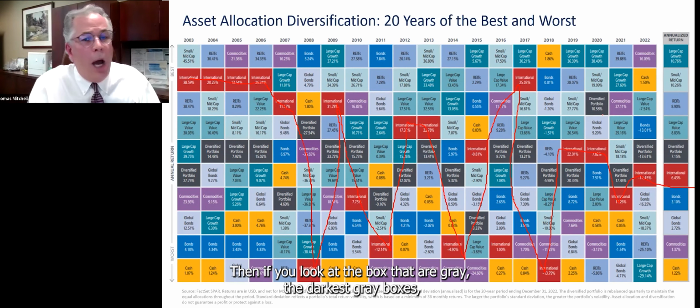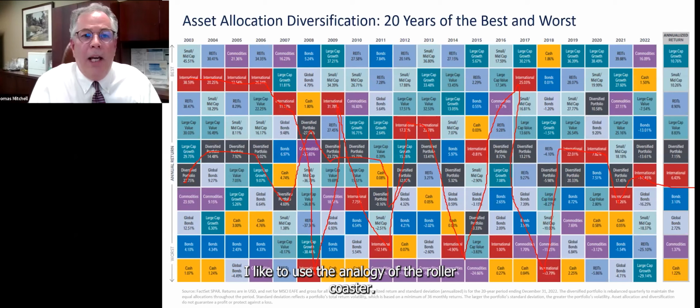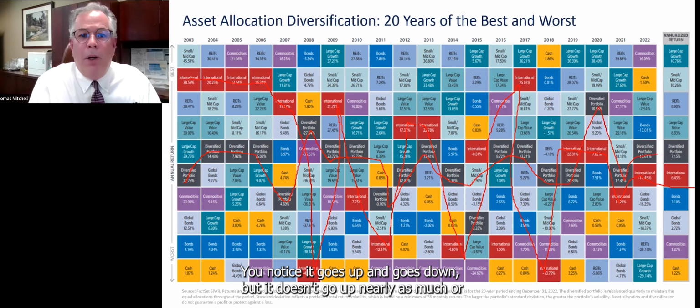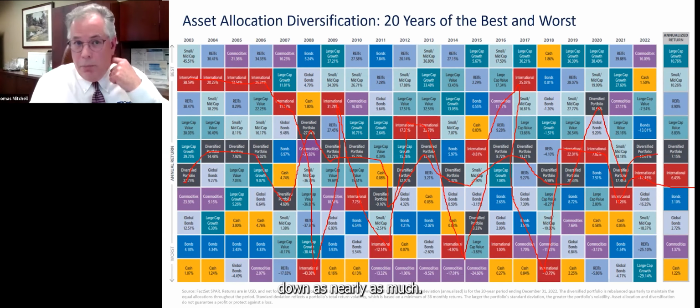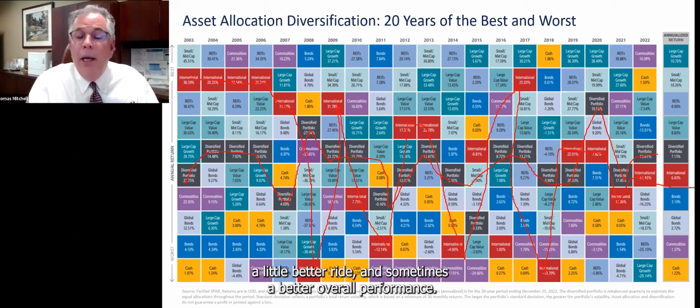Then if you look at the boxes that are gray, the darkest gray boxes, those are, some would say, a lot less volatile. Look, they're a lot smoother ride. Some people like to use the analogy of the roller coaster. Well, this is the kiddie ride roller coaster. You notice it goes up and goes down, but it doesn't go up nearly as much or down nearly as much. It takes out some of that volatility for a little smoother ride, a little better ride, and sometimes a better overall performance.